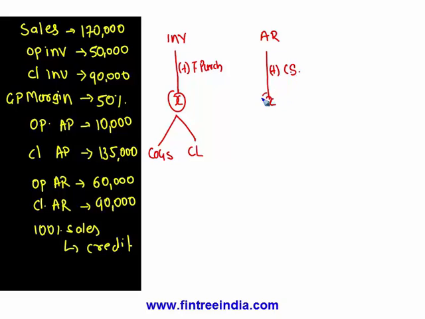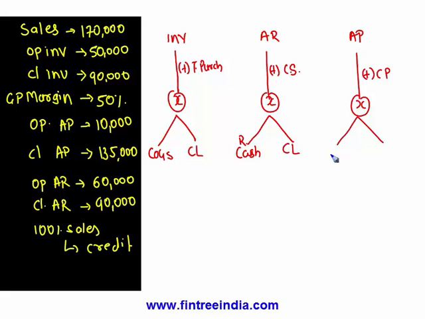So we have X. Either we will receive cash or it would be closing stock. Accounts payable will increase by the amount of credit purchase. So we have X. Either we will pay cash or it would be in closing stock.